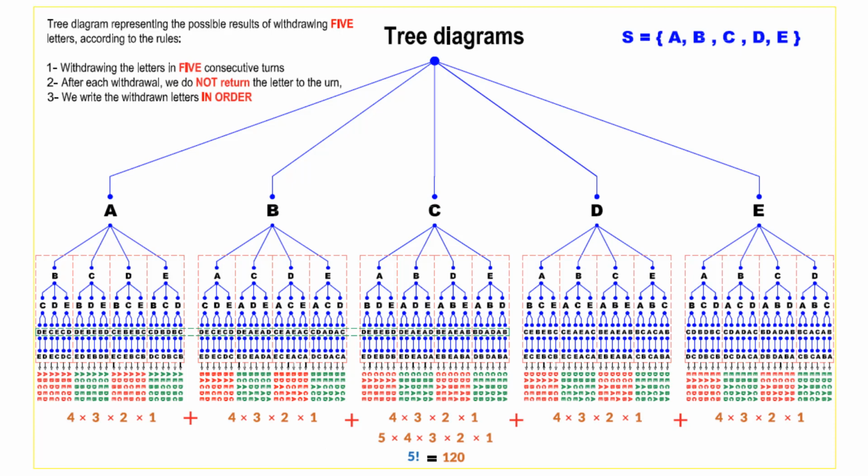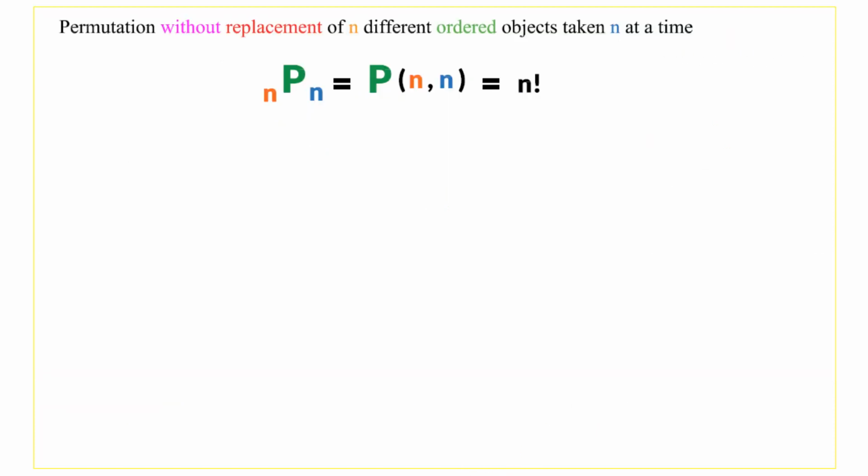So we have 120 different ordered words that can be generated out of these 5 letters. We could have used the formula of permutation without replacement of n objects taken n at a time from the beginning, but we preferred to use the tree to generate all these ordered words because we are going to reuse it again later.